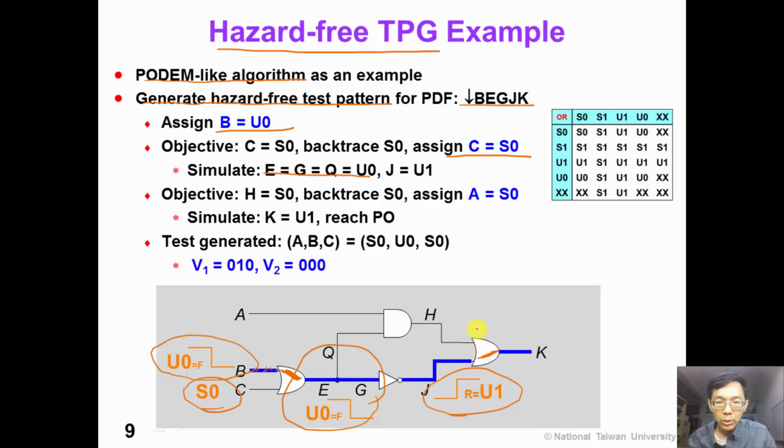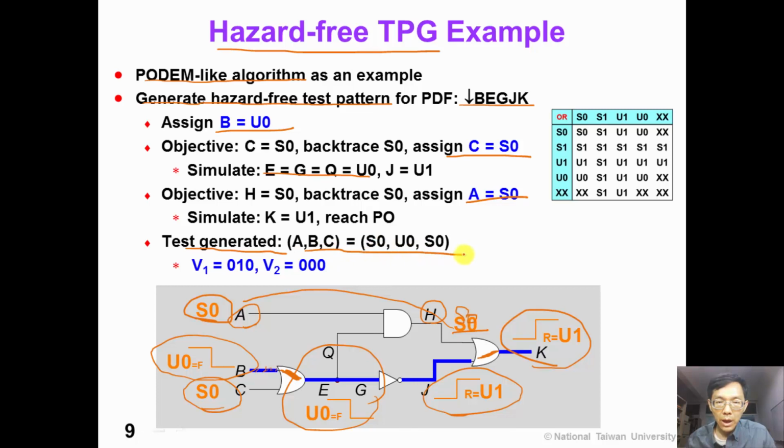So we would like a static 0 on the side input H. So we backtrace all the way to input A and we assign A to be S0. And we perform simulation and eventually the rising transition U1 reaches primary output K. So the test is successfully generated.